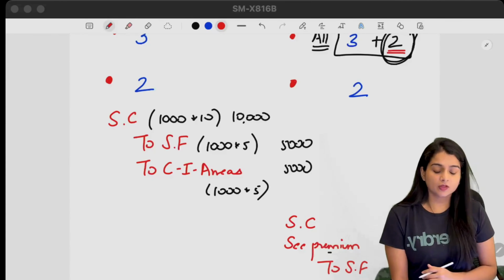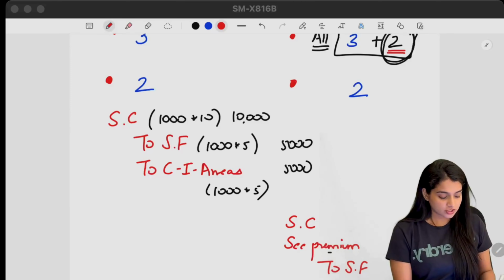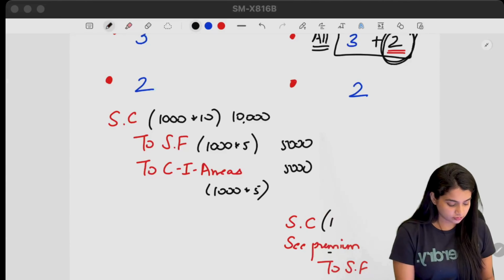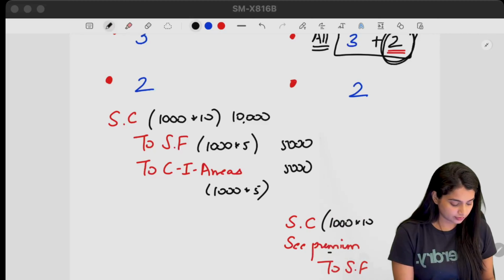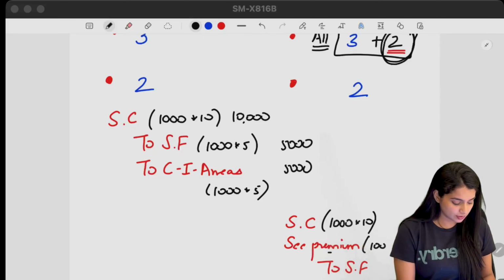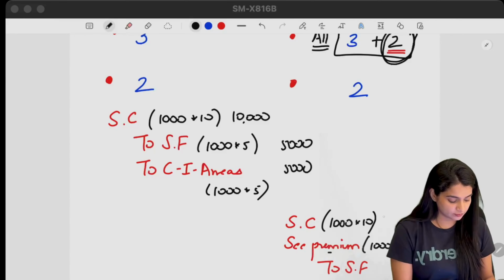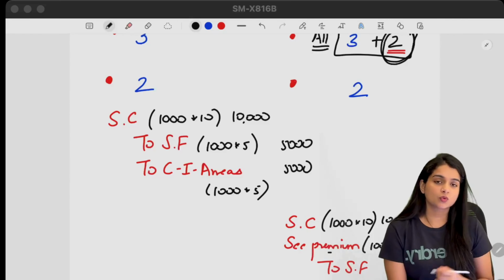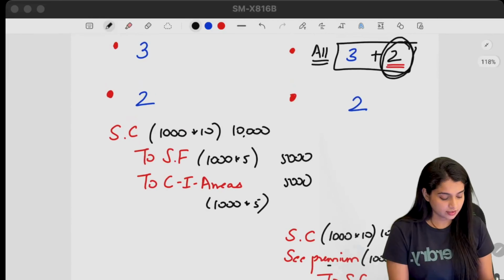Now, share capital as usual 1000 into 10, because that's the value of the shares. Premium 1000 into 2. So that means this is 10k. This is 2000. What will come in calls in arrears? The entire allotment part, and first call.